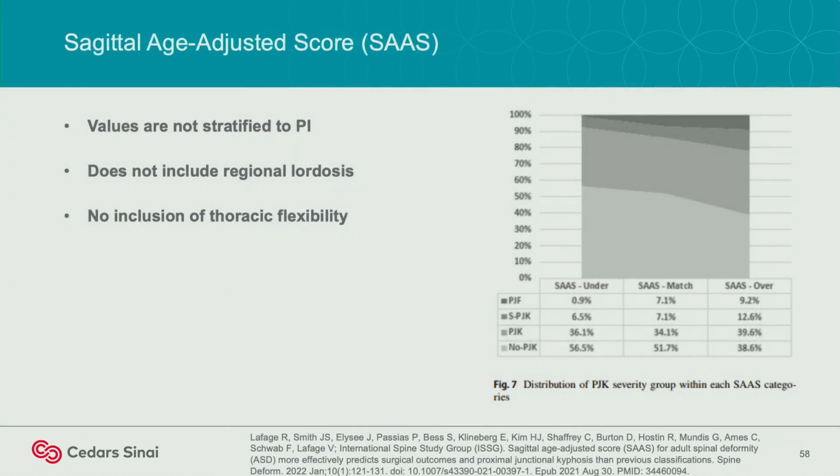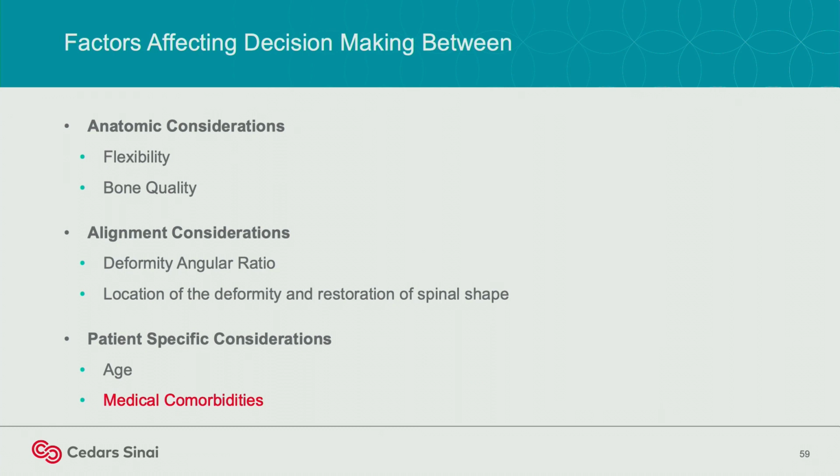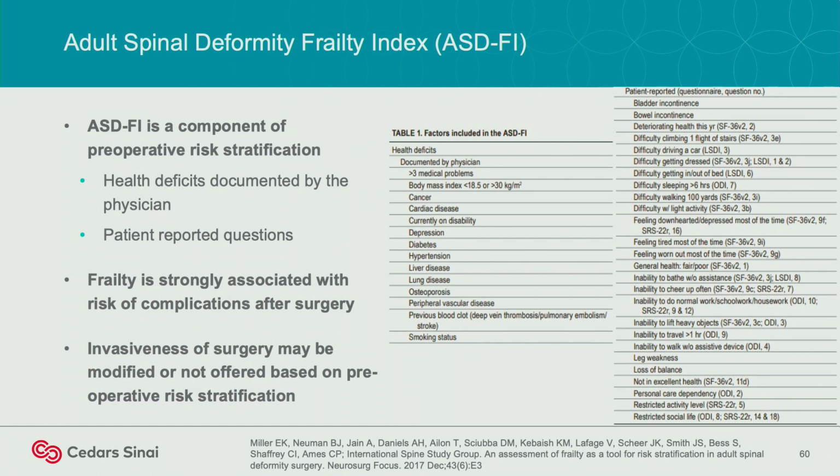And that was shown with the data from the sagittal age-adjusted scores, where the rates of proximal junction failure are higher in the overcorrected patients, especially based on their age-adjusted targets, as well as PJK in general being higher.